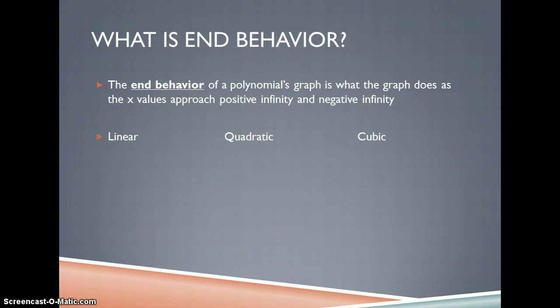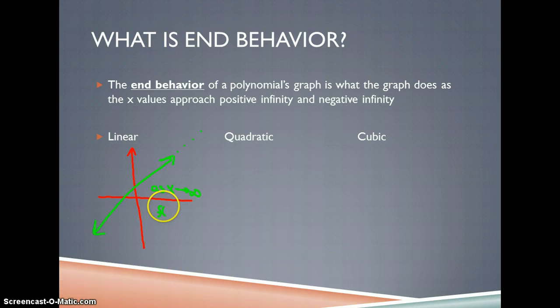So a linear function, which we've seen a bunch of, looks something like this. It's a straight line going out that way. So as x goes to infinity out this way, these function values are going up. They continue to go up that way.